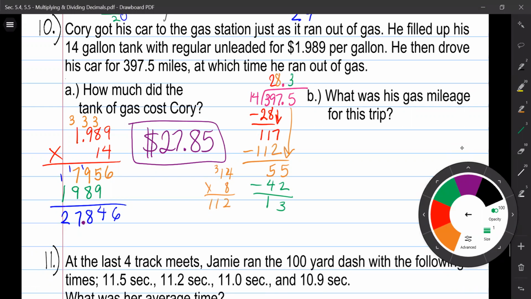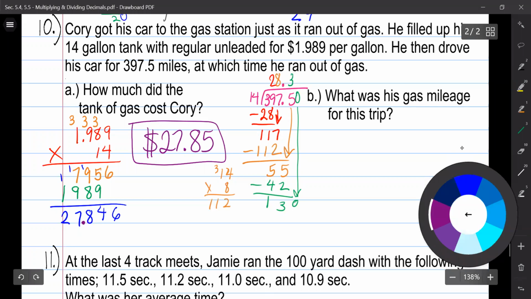Let's assume we round this to the nearest hundredth as well. So 14 would go into 130, probably 9 times. Let's see. Just add 14 to that, so that would be 126. Yeah, that'd be 126. 4.